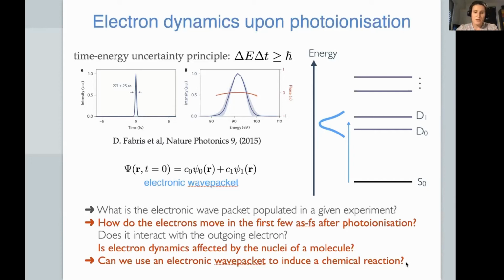Other theoretical developments have focused more on the description of the continuum states in order, for example, to determine very accurately the exact electronic wave packet that gets populated upon sudden ionization, or the interaction between the outgoing electron and the cationic electronic wave packet.